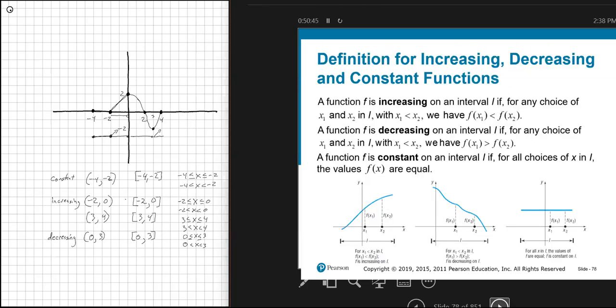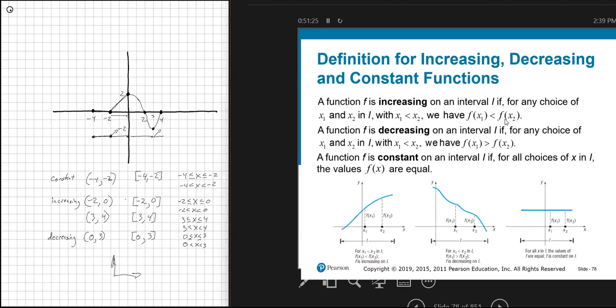Okay. Now, the definition for an increasing, decreasing, or constant function. If a function is increasing over an interval I, for any choice of x1, x2 in that interval, where x1 is the smaller of the two values, then f of x1 is less than f of x2. That means as your x values increase, your y values increase for an increasing function.